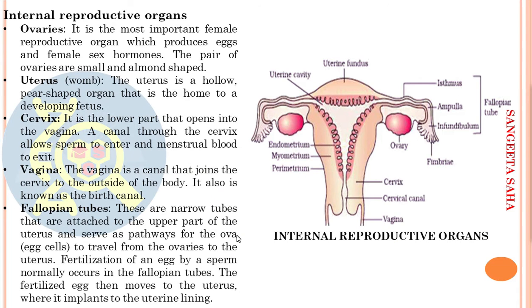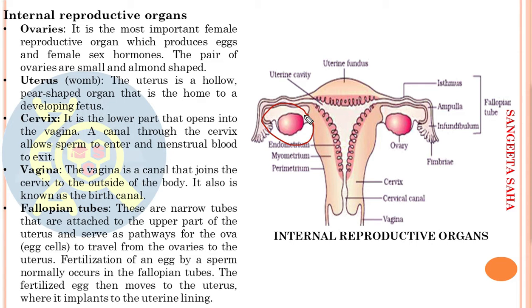Coming to the internal reproductive organs of the female reproductive system. As I have already said, the primary sex organ is the ovary here. Now this ovary is intra-abdominal. What does intra-abdominal mean? That means inside the abdomen, inside the abdominal cavity.